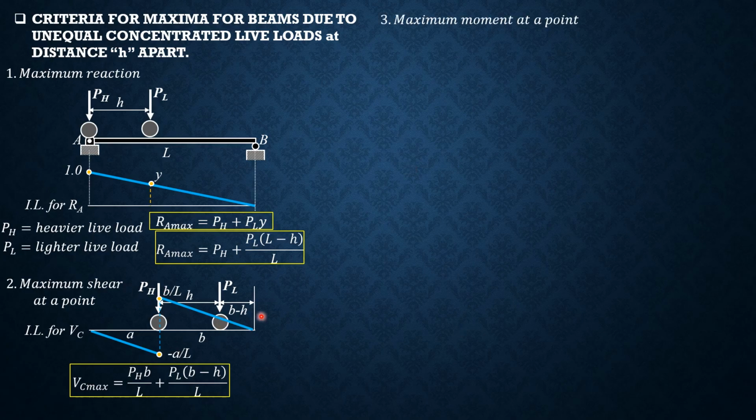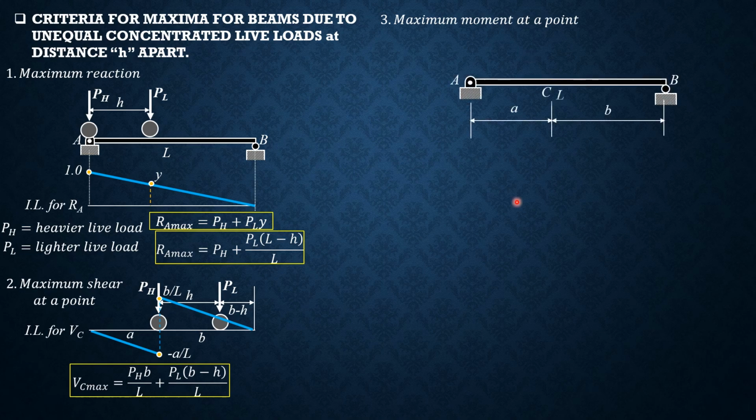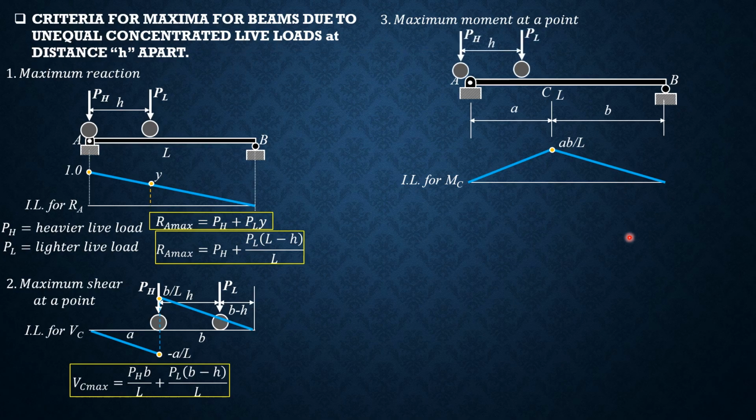Maximum moment at a point. So we recall the influence line for moment at C. It looks like that, and the ordinate here is AB over L. Because this is the maximum ordinate, we place the heavier load over it, and if B is greater than A, the lighter load somewhere on this segment.